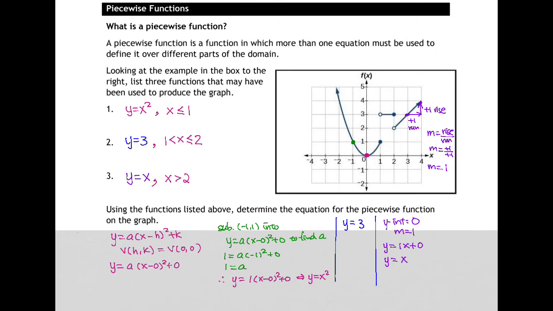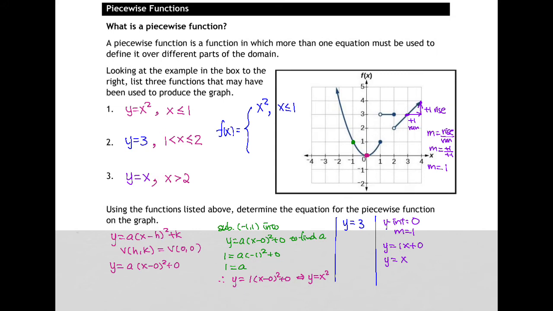After we have the three pieces, now we're going to combine them into one single function. So the function will be called f(x) equals, open bracket, and you will read like this: y equals, and you write down x squared, comma, x smaller or equal to 1.